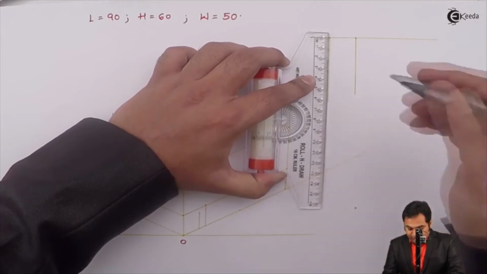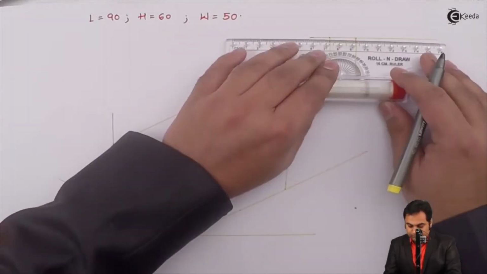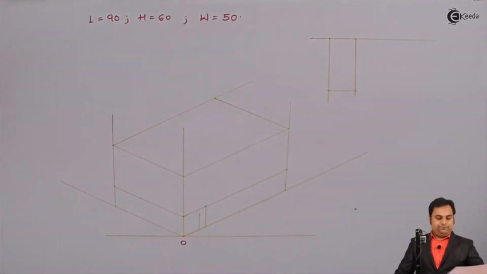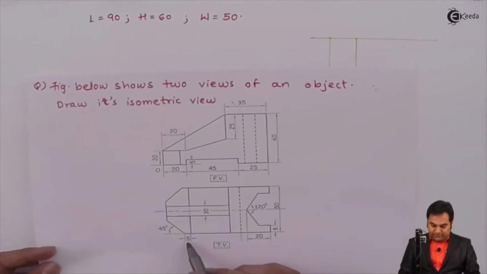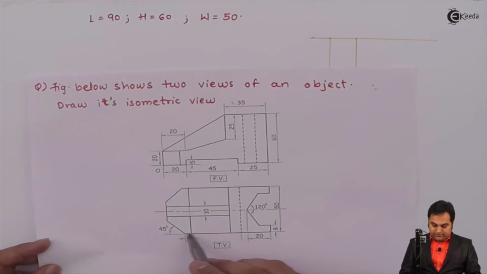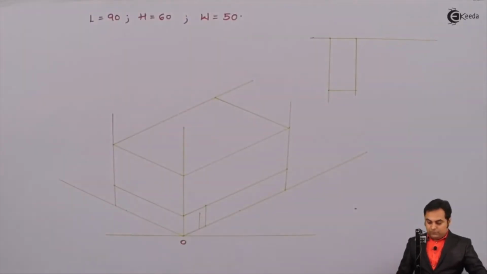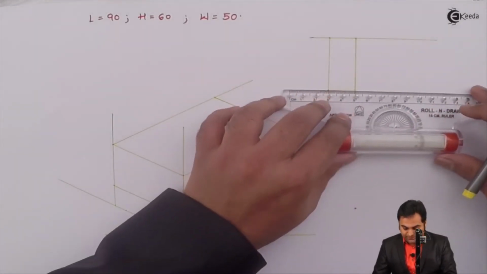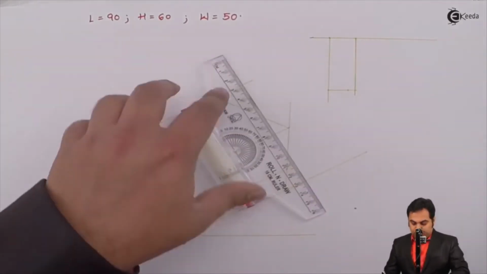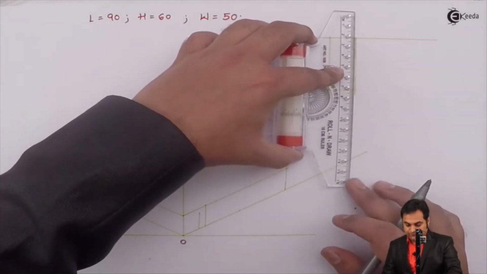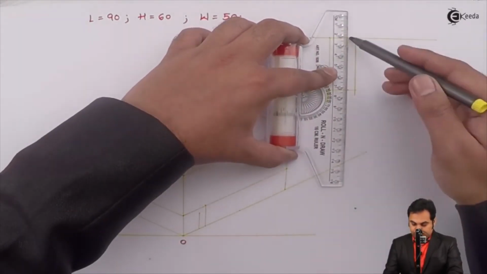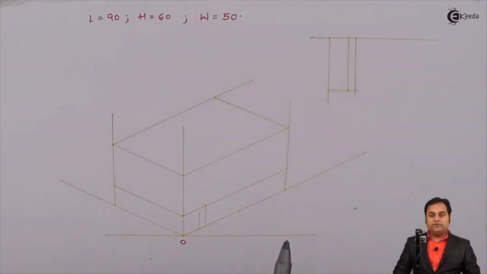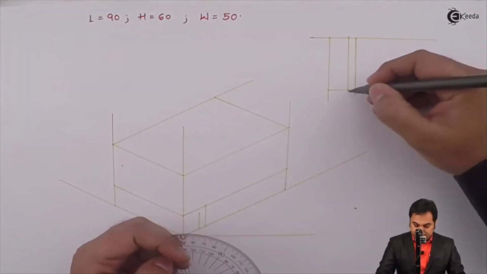Then I'll measure 50 mm over it. Next, from this side it is 5 mm and here it is a flat surface. So after this I'll mark 5 mm here. Project this point upwards. Next, from here I'll measure an angle of 45 degrees. That is this point.